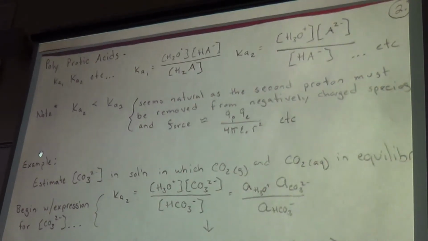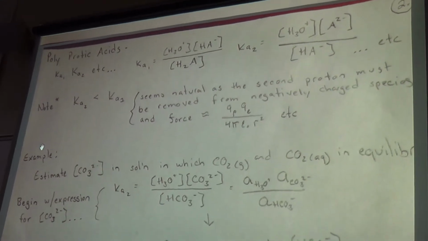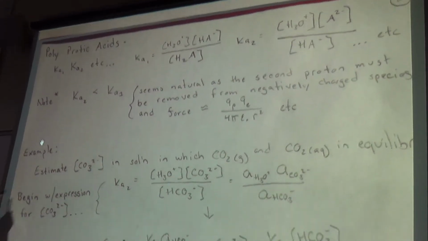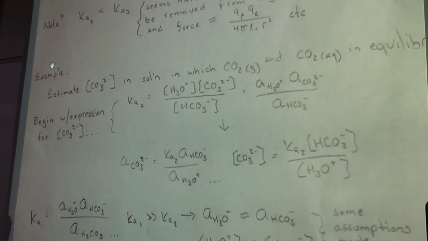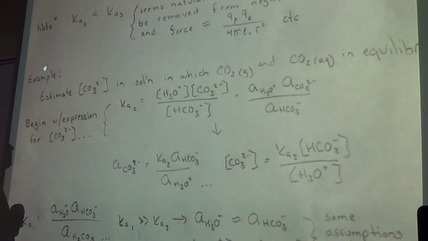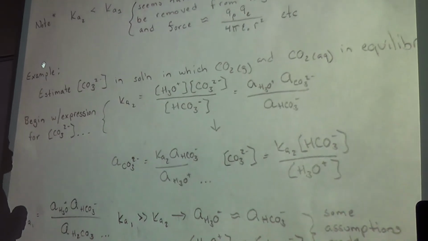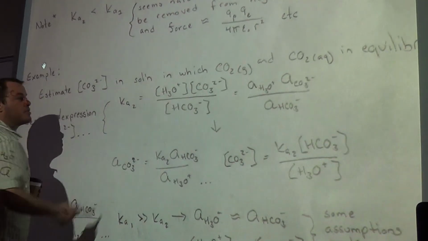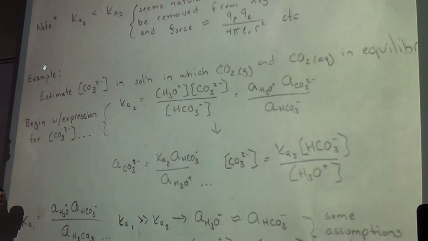So the problem asks us to estimate the concentration of CO3 2- in the solution. To do this, we're going to start off by rewriting our Ka2, because Ka2 is the one that has the concentration of CO3 2-.